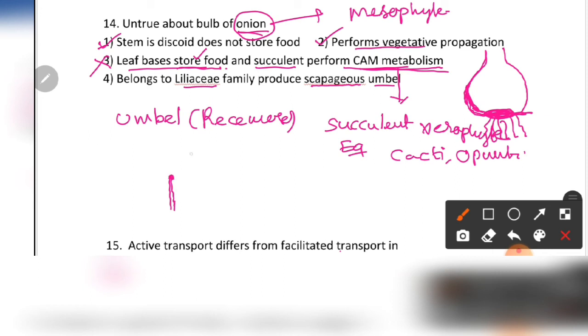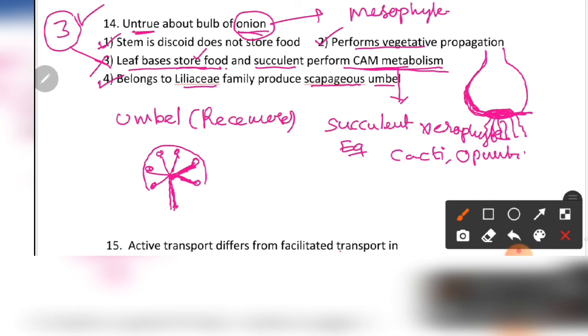From the common point, all the flower stalks of equal length are arranged like an umbrella. So this is also a right statement, but the question asks for the false one. So the third option is false. Answer is the third one.